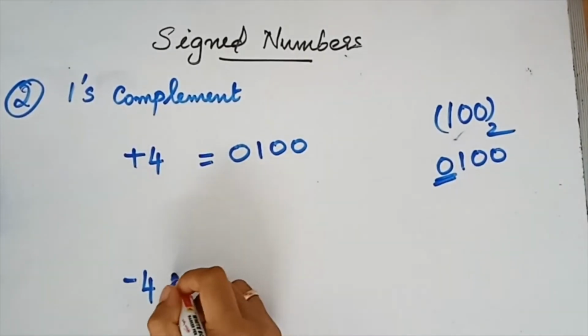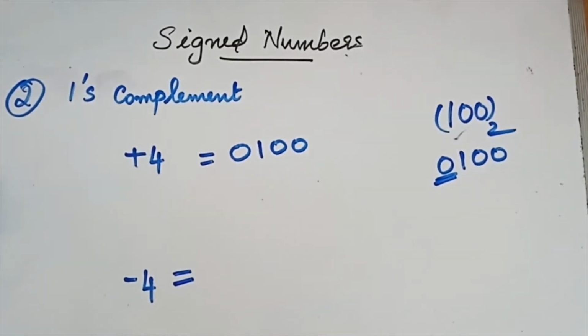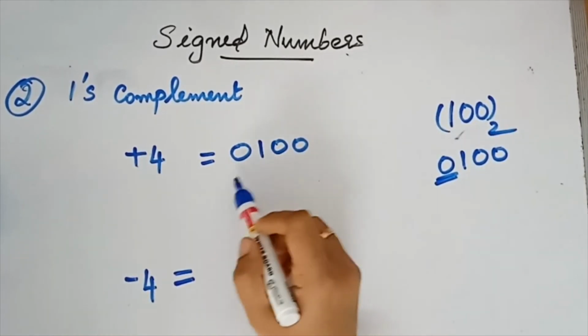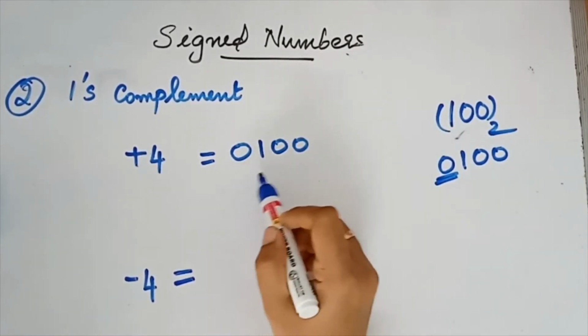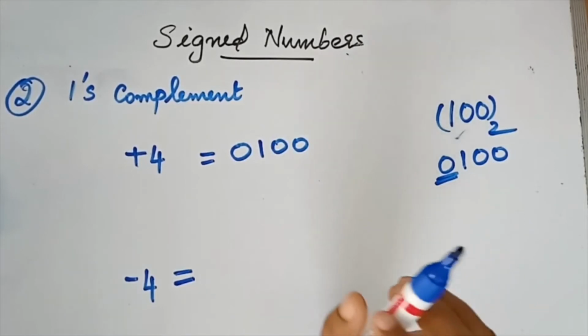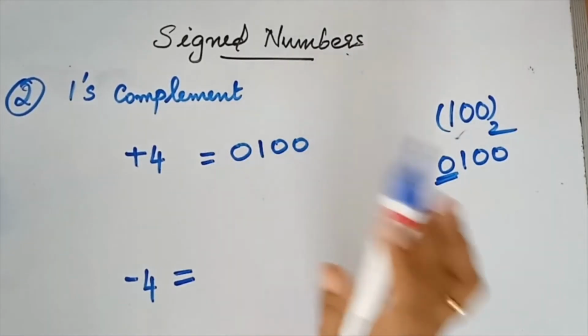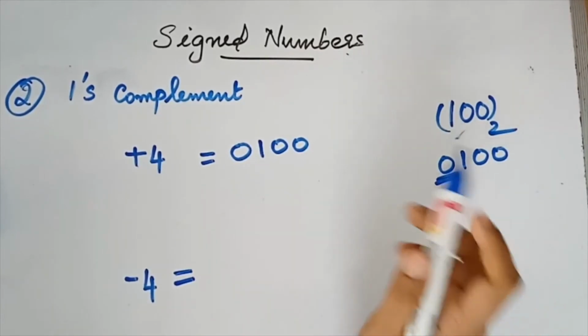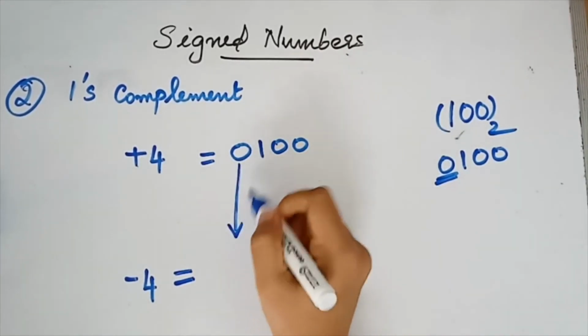But in the case of a negative number, first write the positive number's representation in the sign magnitude form. So 0100. Then complement each bit.